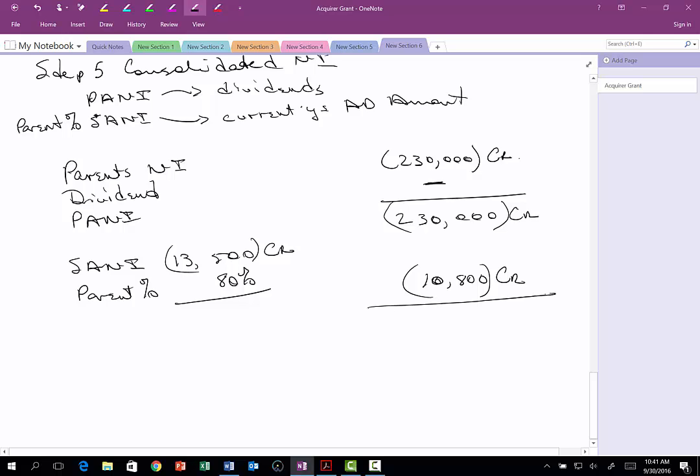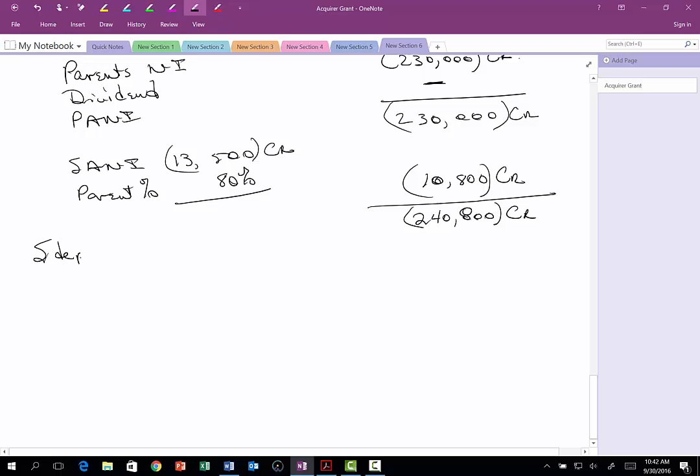We add those two together and we have consolidated net income of $240,800 in a credit position. Recall that this is a check figure only, so we're going to use it when we consolidate.